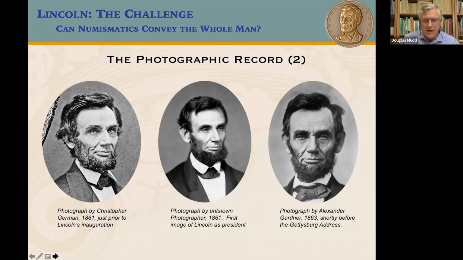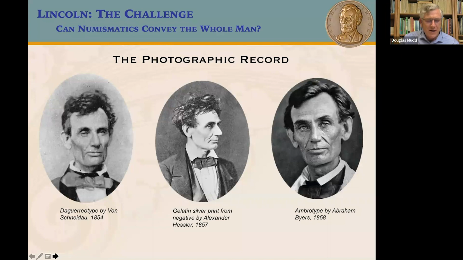And you can see from the first set, you have a young picture of him in 1854, one of the earliest of the images of him, not the earliest. When I first saw this, I barely recognized him as Lincoln. I knew it because it was titled that, but this is a very different person than the one we normally see.